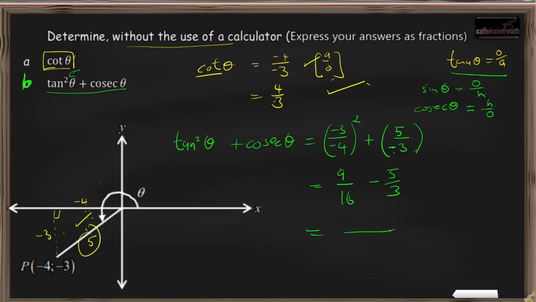Let's see if we can resolve this mentally. That's going to be 16 times 3 is 48. Well, we have to multiply by 3, so that becomes 27. And then 3 to get to 48 becomes 16. Okay, so minus 5 times 16 is minus 80. Give me a sec. That's minus 53 over 48. If that serves, calculator checking would be good from you guys. Let me know in the comments if I got that right.